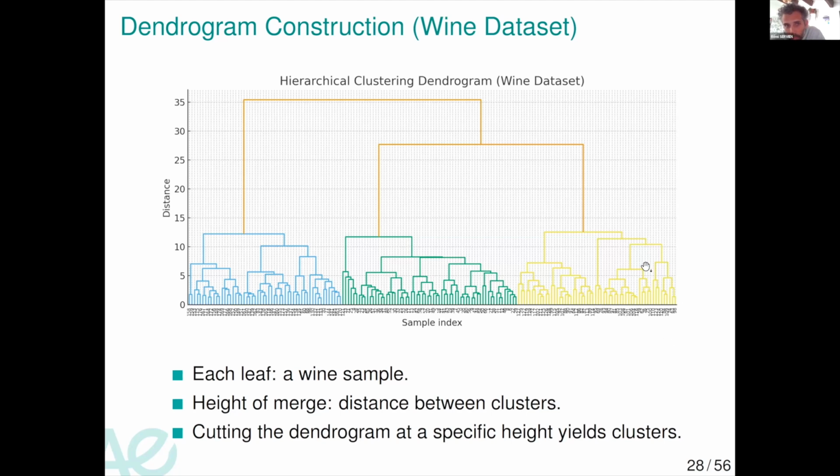So hierarchical clustering gives you, in some way, more information than K-means, because if you choose three groups, you have your three groups, but you can also see that the green cluster is closer to the yellow one than to the blue one, because they merge here before merging with the blue one.